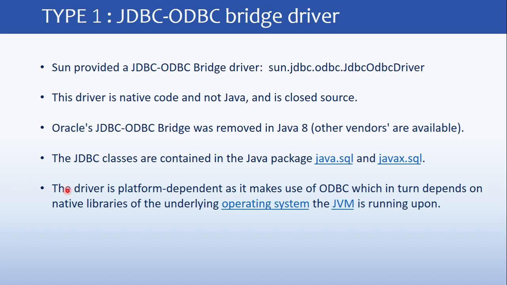So the type 1 driver is platform dependent, not platform independent. The good thing is to have things in a platform independent form, but this type 1 driver is platform dependent. So we could conclude that the type 1 driver has the drawback of platform dependency.